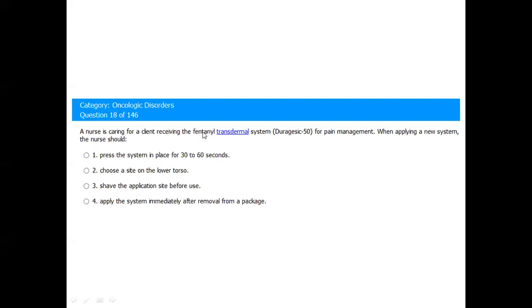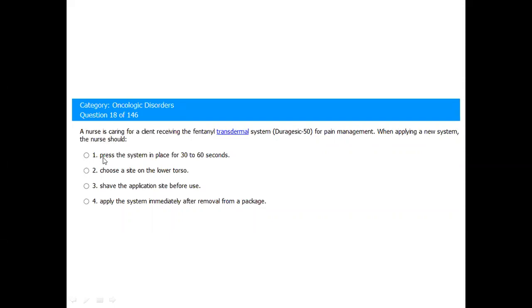Fentanyl is the medication we use to help relieve severe ongoing pain, such as cancer pain, right? Now the question for pain management: when applying a new system, the nurse should include which action?